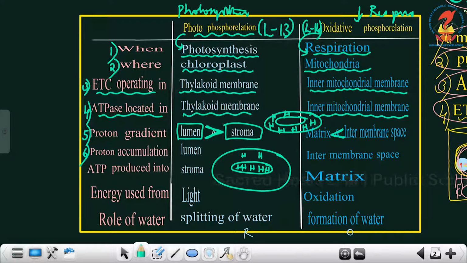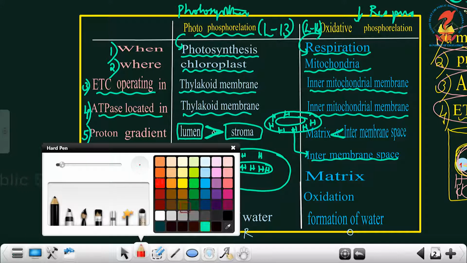Next, 6, that's the very same point, proton accumulation. Here I told you the proton accumulation is in the lumen. Here the proton accumulation is in the intermembrane space. Next, 7th point, where ATP is produced, there you must look at our ATPs.